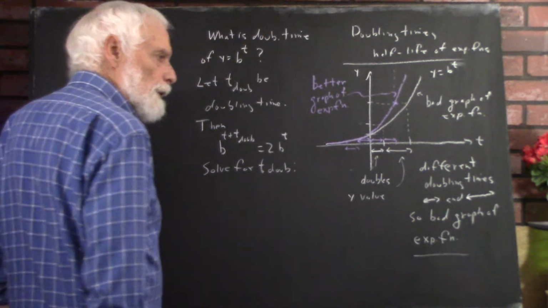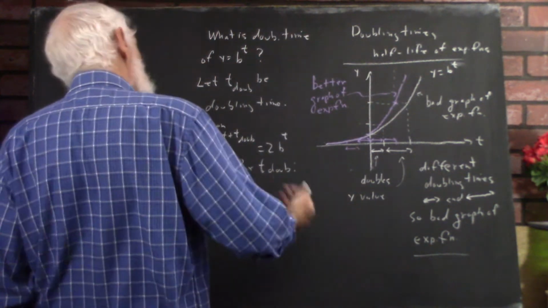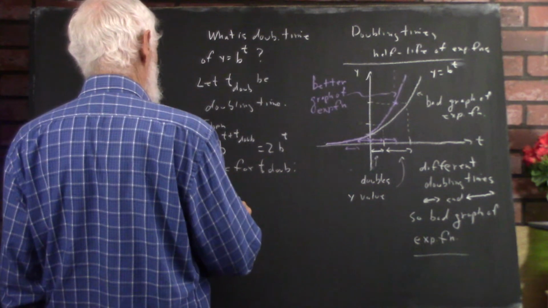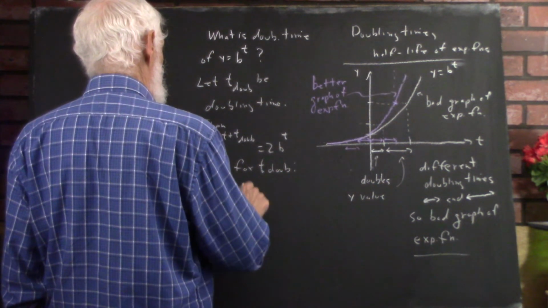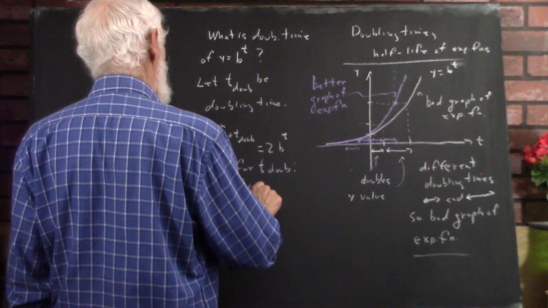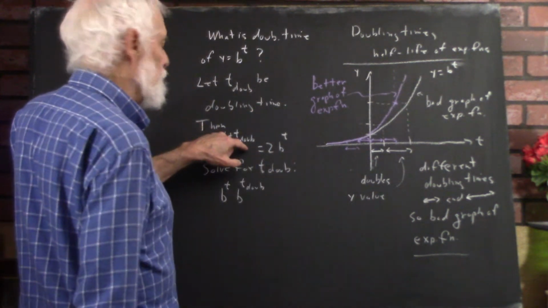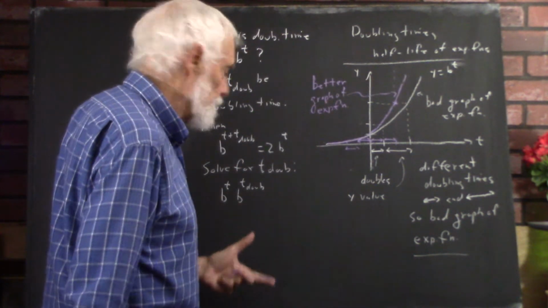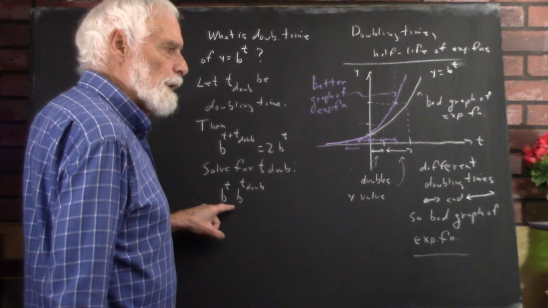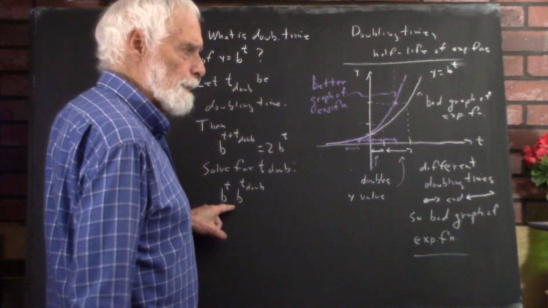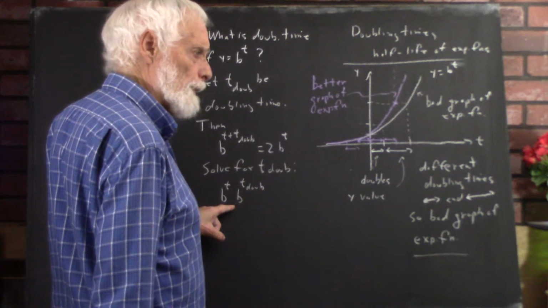Well, it's easy to solve for t dub if you know the laws of exponents and use them with a little bit of experience and cleverness. I'll claim experience, I don't claim being clever. First of all, b to the t plus t dub by the laws of exponents is b to the t times b to the t dub. And if that's not totally obvious to you, and it usually isn't to people at this stage, but y'all are a pretty good class, maybe it is to everybody.